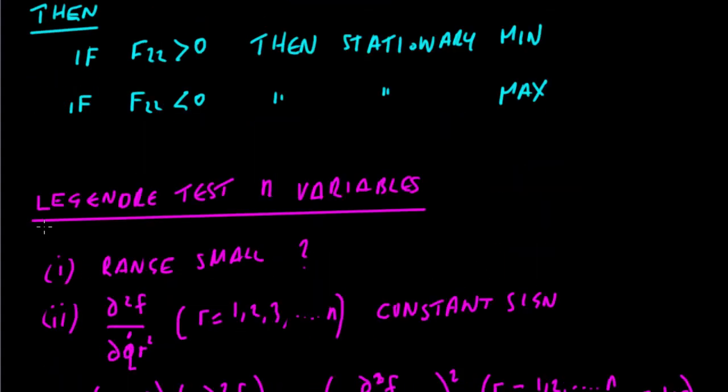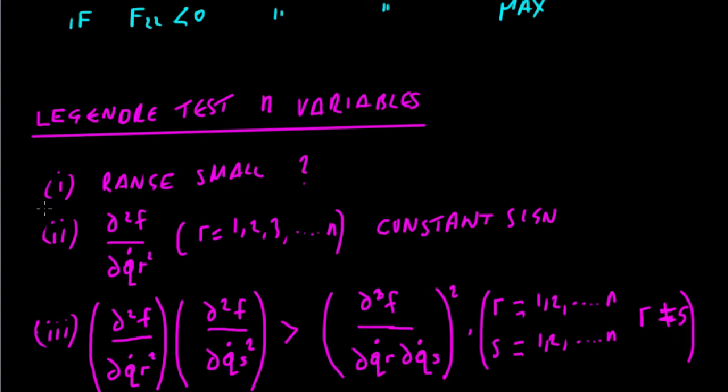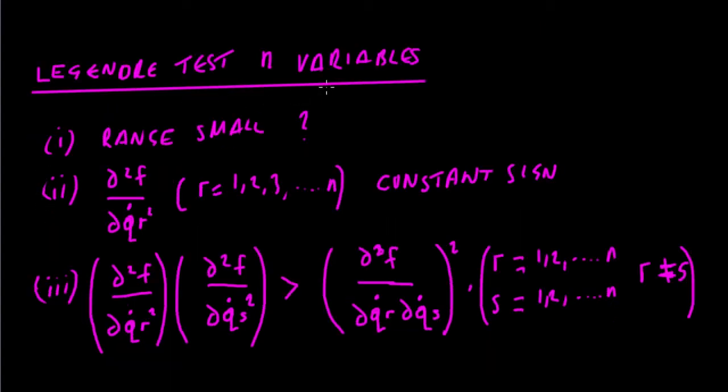Now we'll extend that to n variables. Again, if the range is small, and we'll look at that when we look at the conjugate points in the next videos, then partial squared f by partial qr squared dot, where r is equal to 1 to n, is of constant sign on the interval t0 to t1.